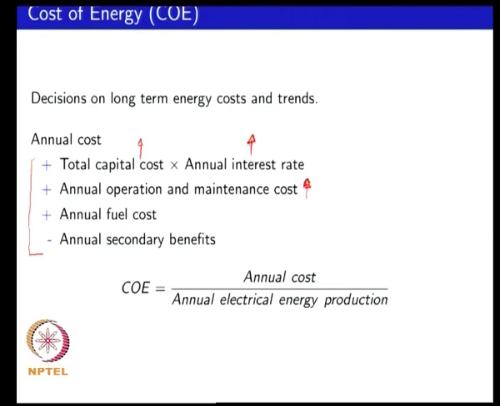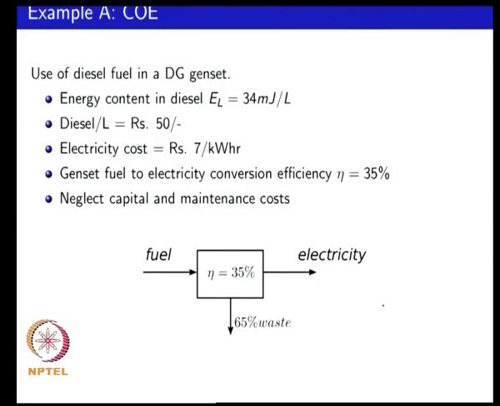Also, if your equipment is less reliable, it means that you would have more time when it is sitting around idle and not producing energy. So, in the numerator the cost would go up, and in the denominator your energy production would come down. So, it is important to have a reliable equipment which would work over the time frame, so as to minimize your cost of energy. So, looking at all these perspectives is an important aspect of looking at an energy system. Okay.